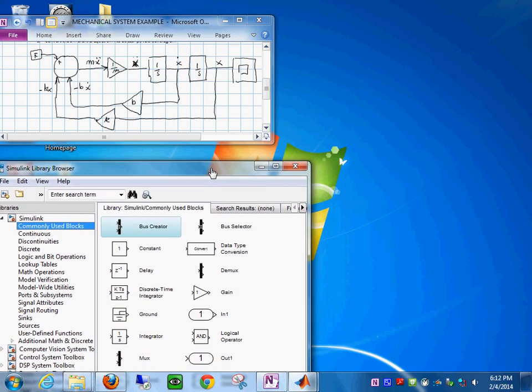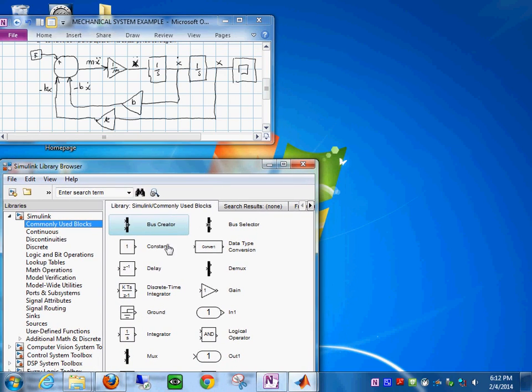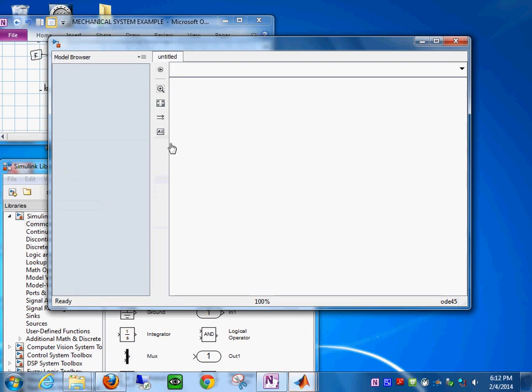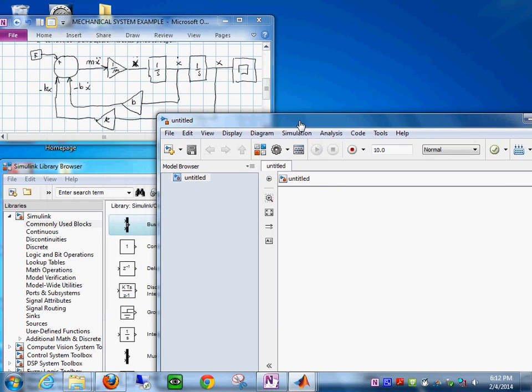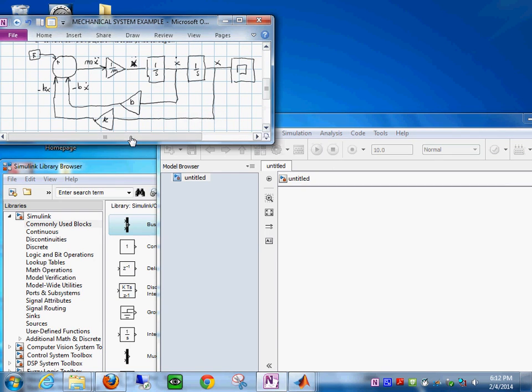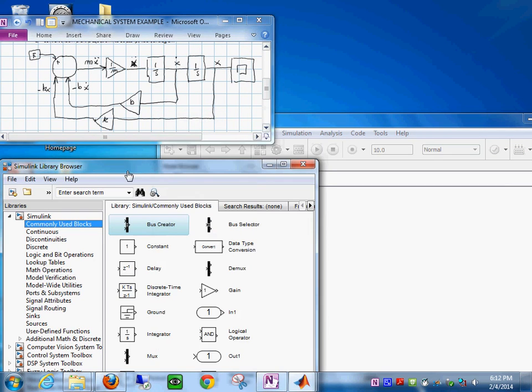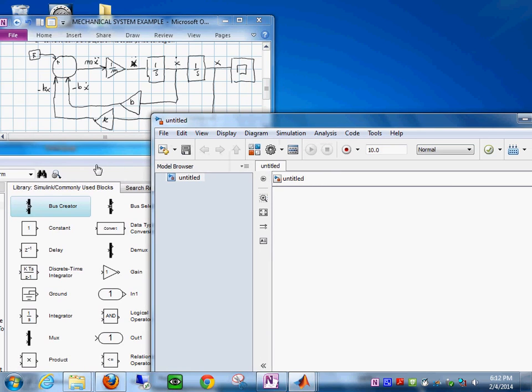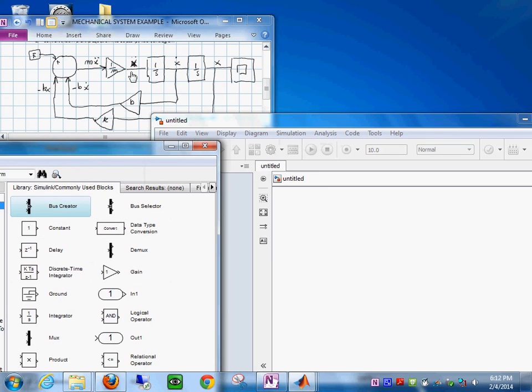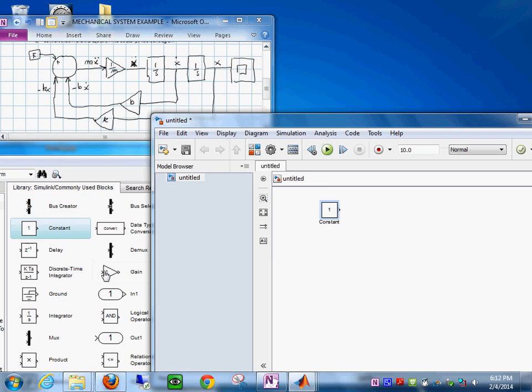And in here you have the different Simulink blocks that you can use for drawing this. We need a space for drawing this picture. This one right here is this element, so we'll bring it over here.